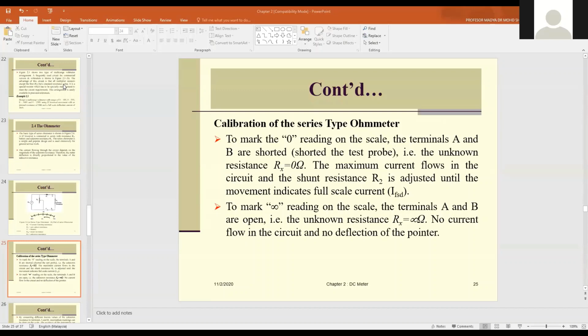This is a video for the oscilloscope, so I will check which video is for the explanation on the potentiometer, the principle of potentiometer.